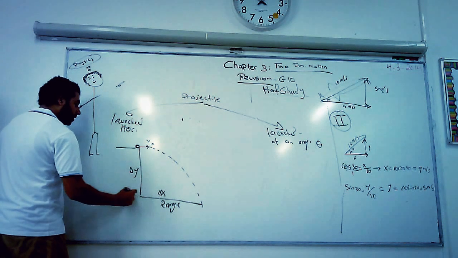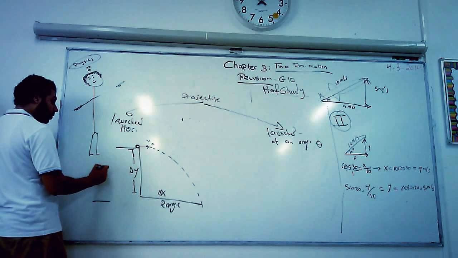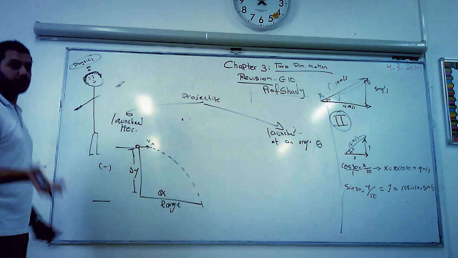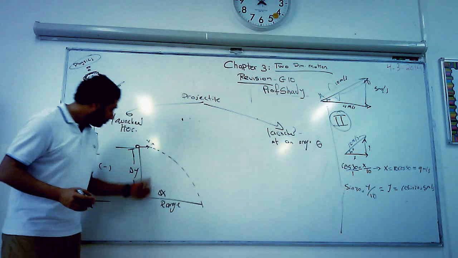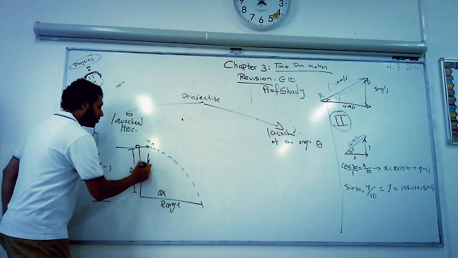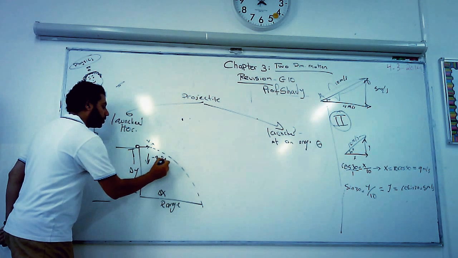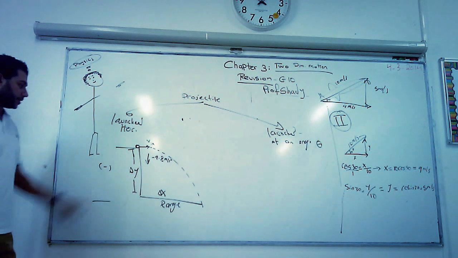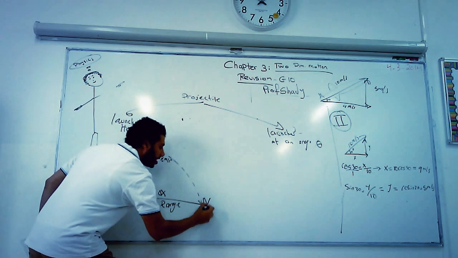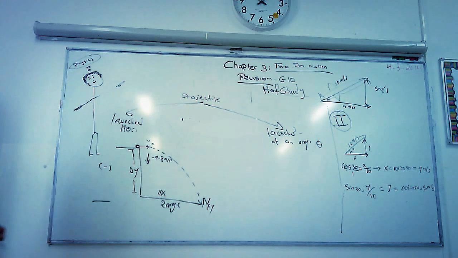You have the height, delta Y, and delta Y is always a negative value if the object is falling. And you have the acceleration, which is negative 9.8 meters per second squared. Here you have VFY, which is the final velocity before striking.